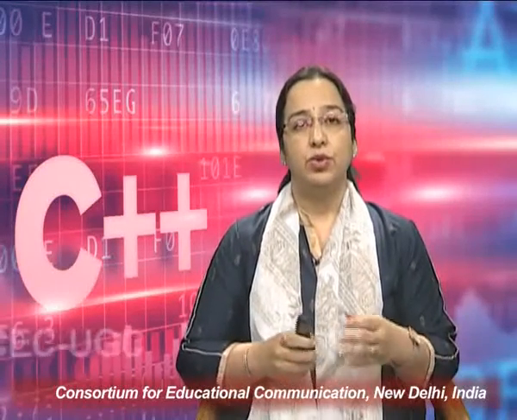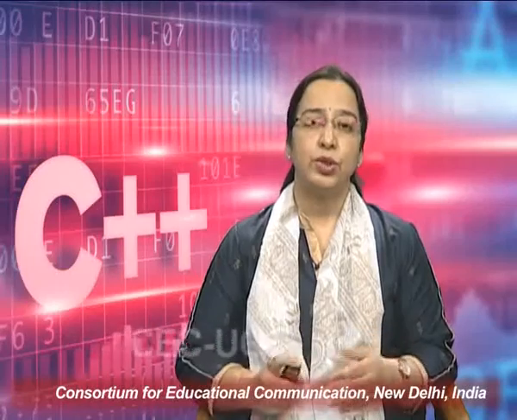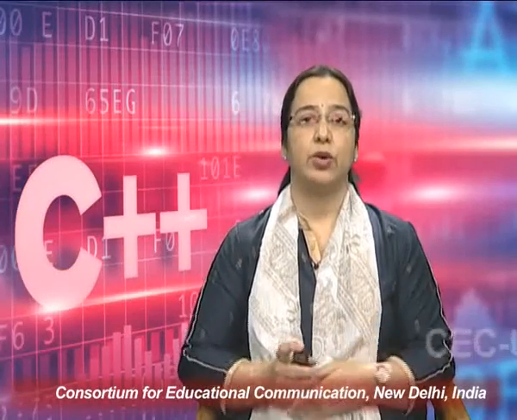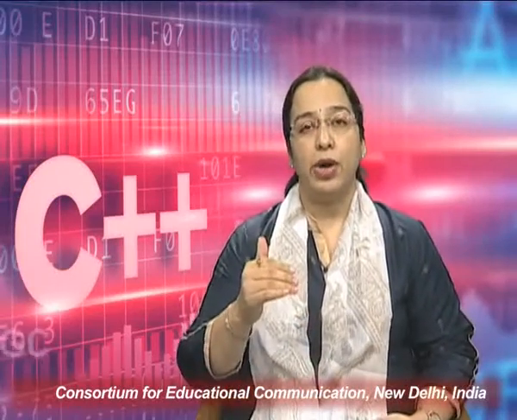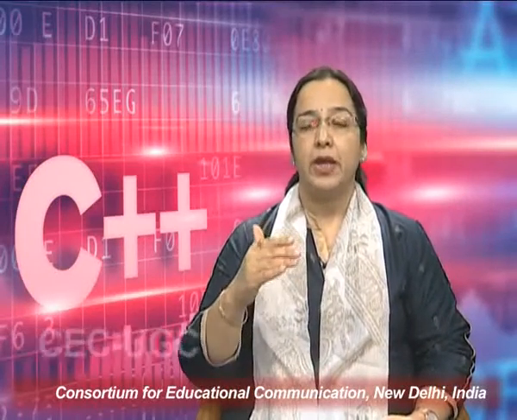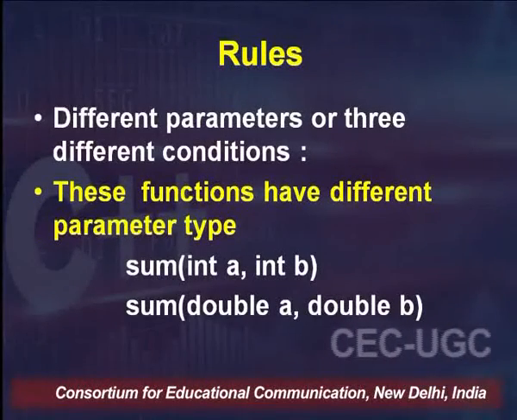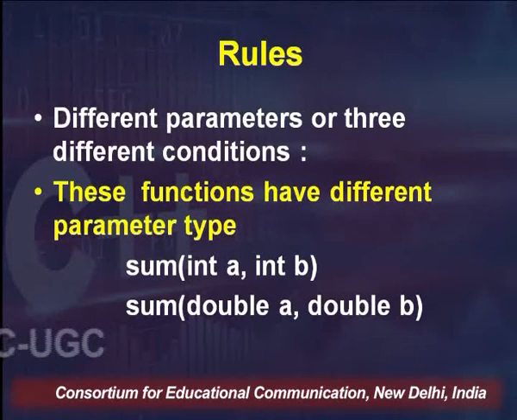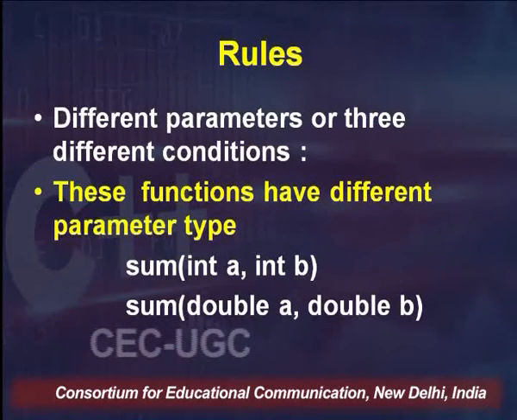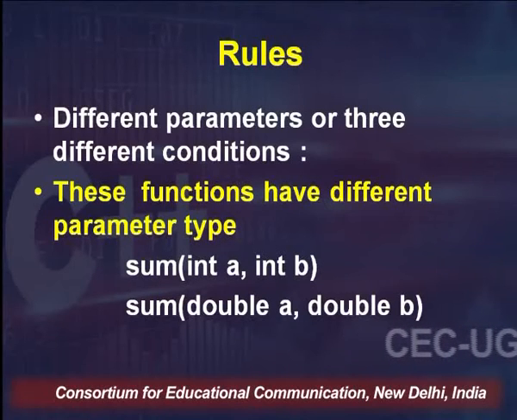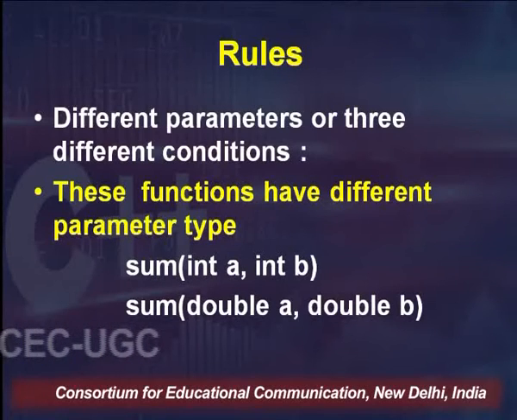Now, coming to the rules of function overloading. In order to resolve the call, the compiler is going to look at the parameters. For parameters we have three different conditions. The first condition says these functions must have different parameter types.